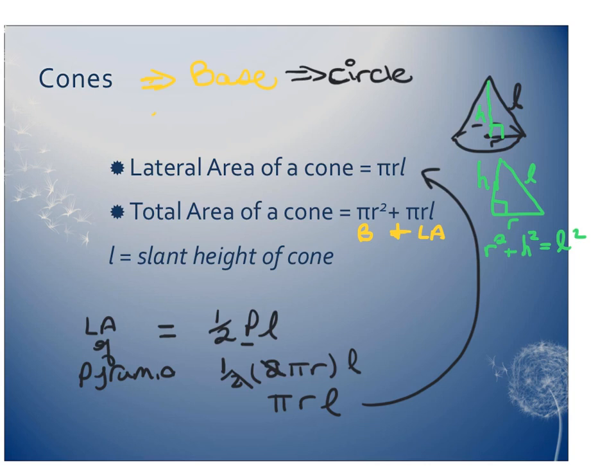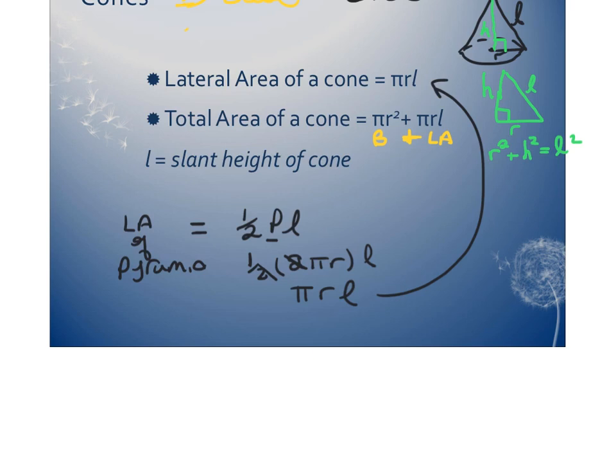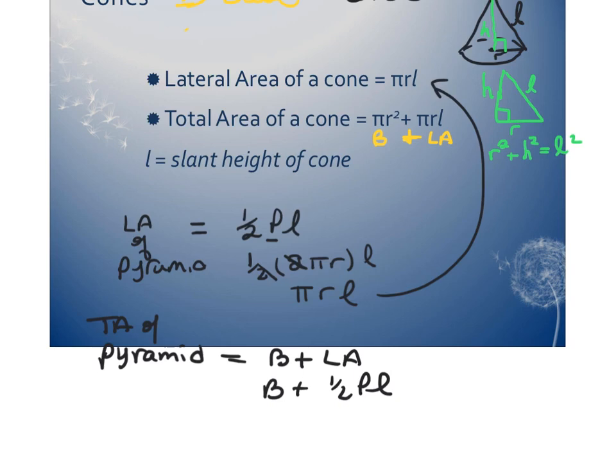So when we did the total area of your pyramid, remember it was the area of the base plus the lateral area, so the area of the base, whatever shape it was, a square or a triangle, and then 1/2 perimeter times slant height.